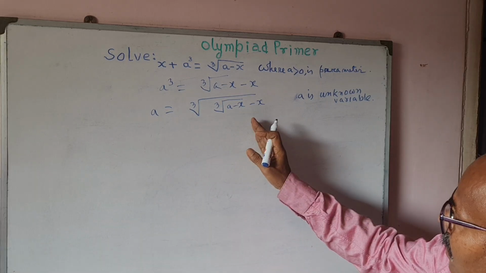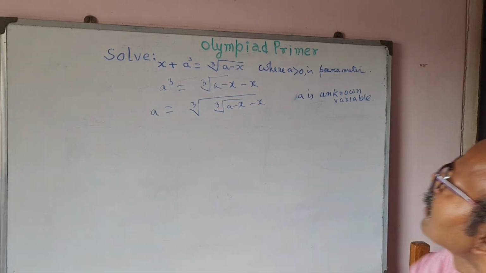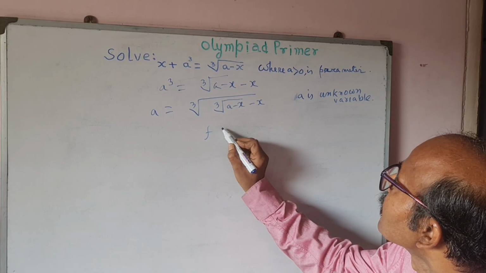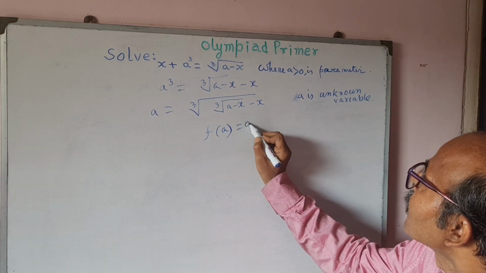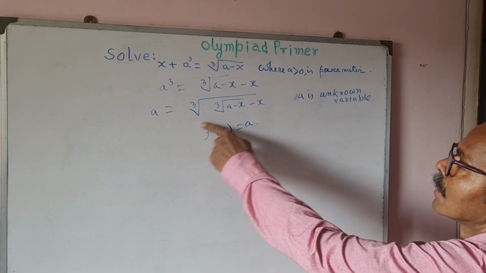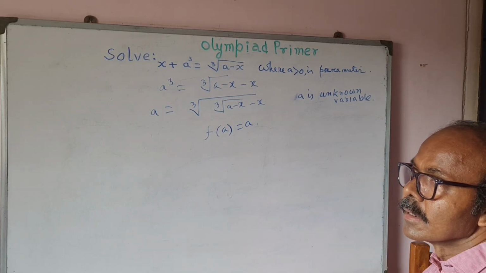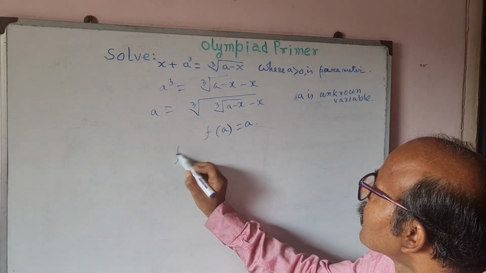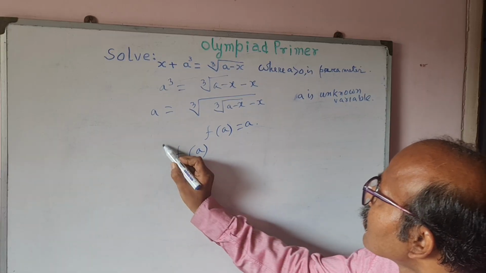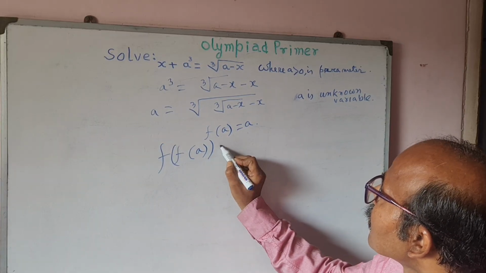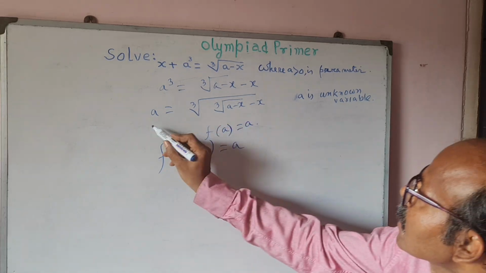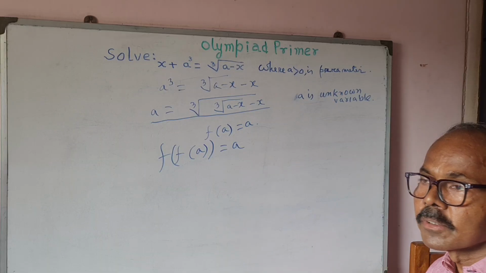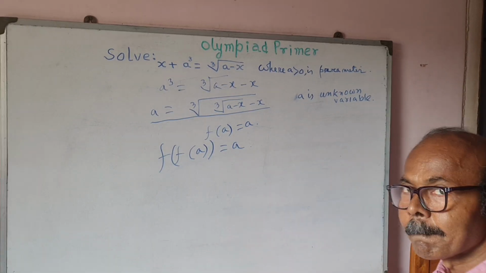Then we can look at this equation and we can easily see that if we consider the function of a equal to a, this equation can be expressed as this function of a equal to a, right?